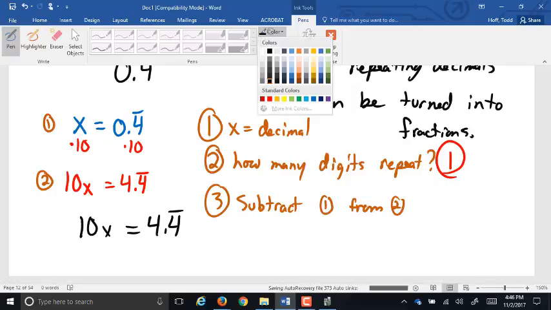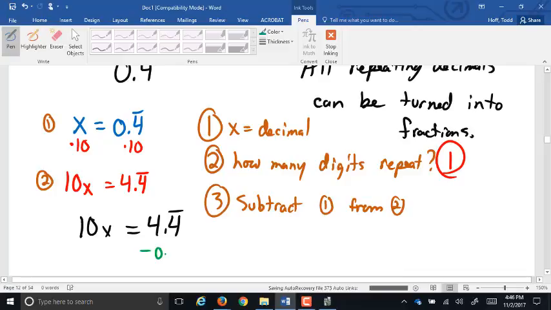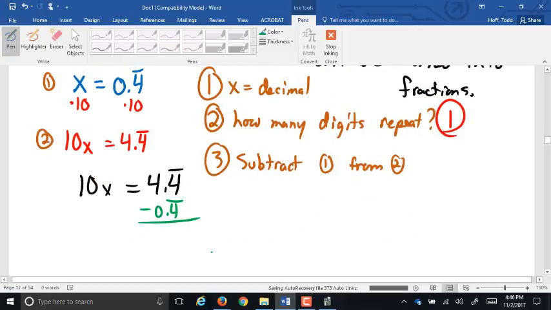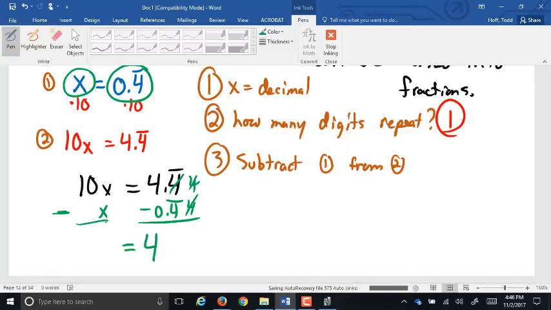So I am going to subtract 0.4 repeating from this side. What does that do? Well, it cancels out. All these 4s here cancel out. They're gone. What's left over here is 4. I'm going to subtract 0.4 repeating from the other side as well. But we know that 0.4 repeating equals x, so I'm going to subtract x instead. It's the same thing. That'd be the difference of subtracting 1/2 and 0.5. They're the same thing, they just look different because x equals 0.4.